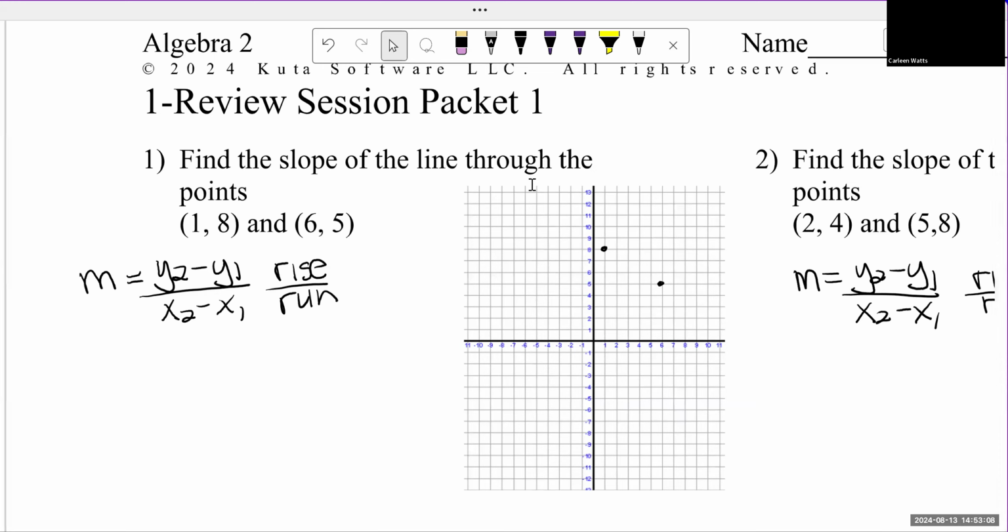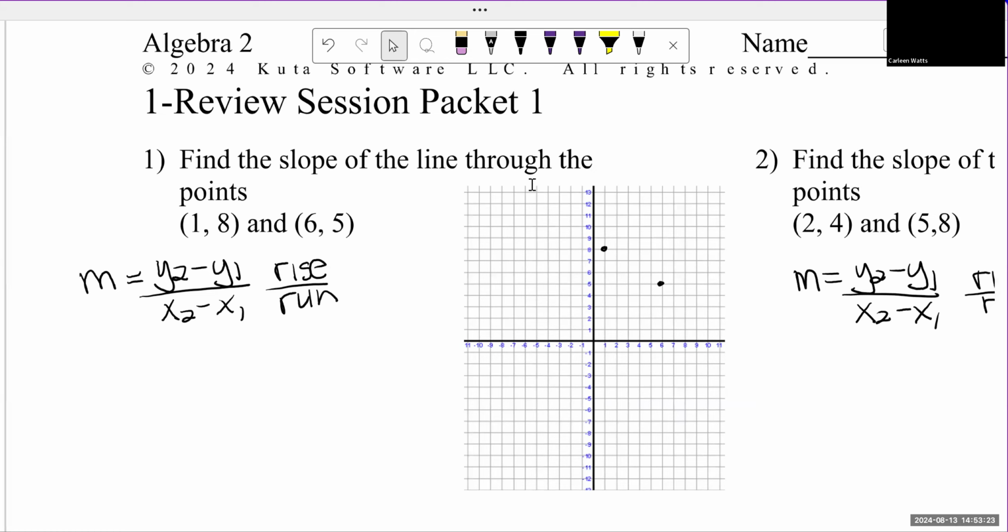So let's get started. First, we are reviewing the concept of slope. We can either use the formula or we can make a slope triangle looking at the graph.